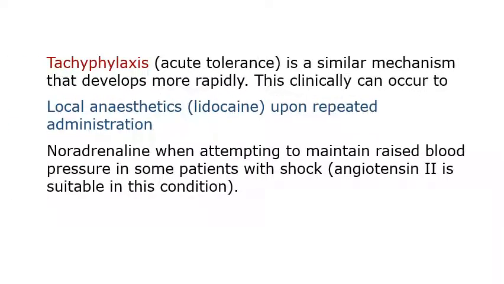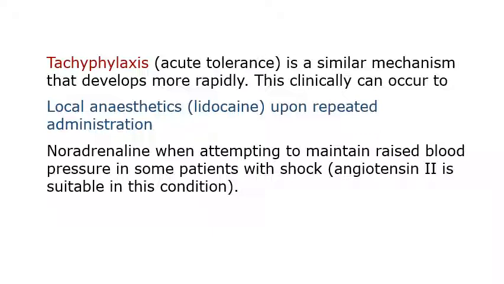Therefore, tachyphylaxis is acute tolerance, since it develops at a shorter time, with a similar mechanism that develops more rapidly. This can occur clinically with local anesthetics, for example, upon repeated administration. Noradrenaline, when attempting to maintain raised blood pressure in some patients with shock, can also develop tachyphylaxis.